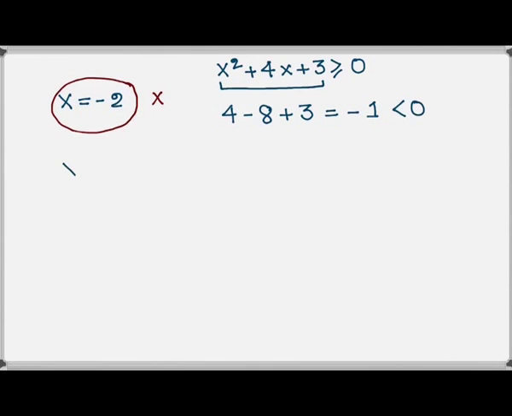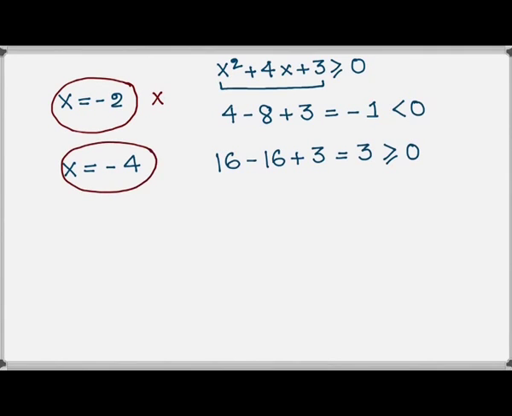Next we take x = −4, and when we substitute this value in the polynomial, we get 16 − 16 + 3, which is equal to 3, and clearly this is bigger than or equal to 0. So x = −4 is possible.